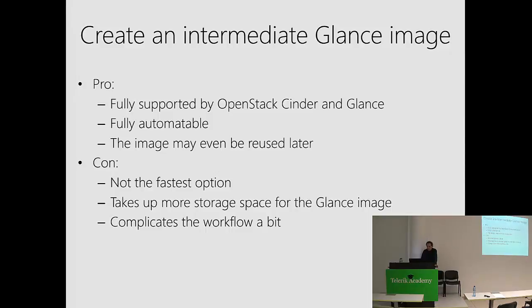And also, this takes up space for an additional glance image. So you have one volume containing the original data, you have another volume containing the new data, and you have the same copy of data a third time. But if there are no other ways, this could work too.